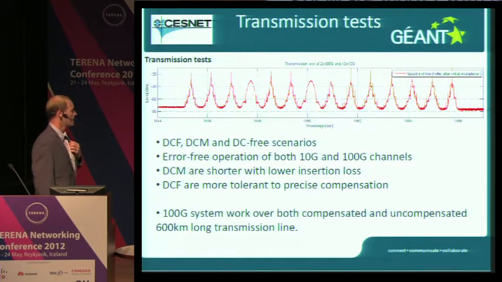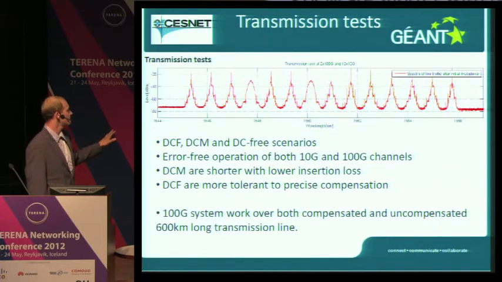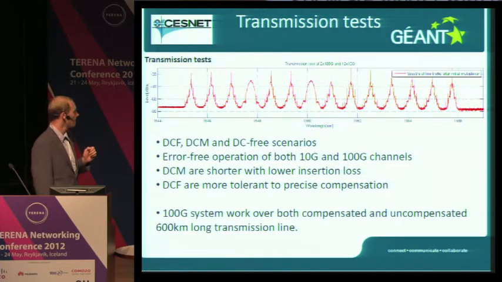As a result, we verified that the 100G system, or coherent system, works over both compensated and uncompensated lines, which was in our case 600 kilometers. So we wouldn't hesitate to put it right into the production line.